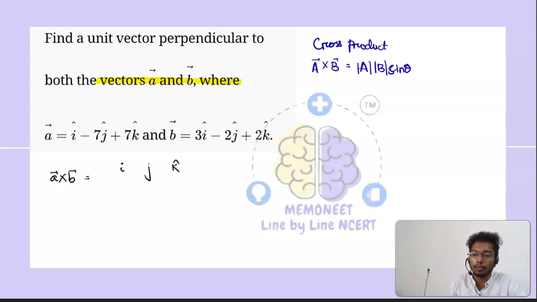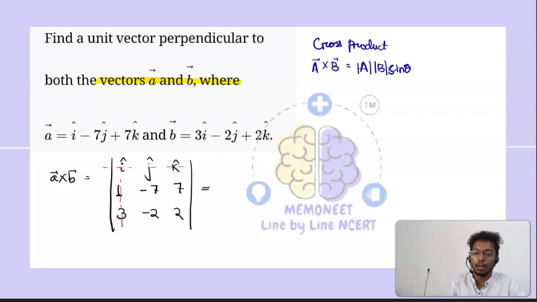For a, the coefficients are 1, minus 7 and 7. For b, they are 3, minus 2 and 2. When we take i cap, we forget about the row and column of i.